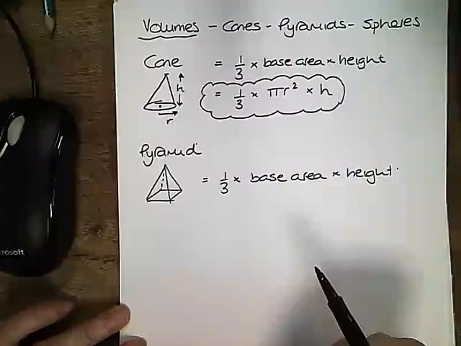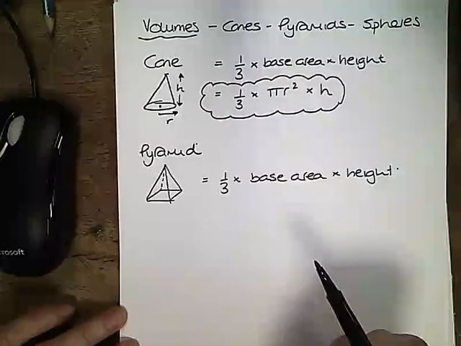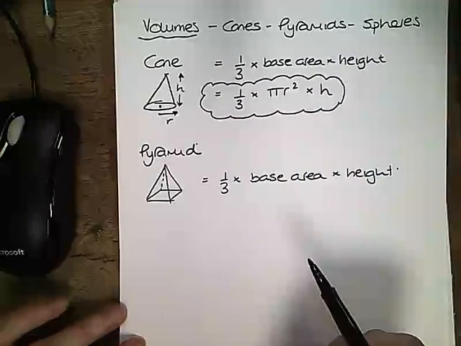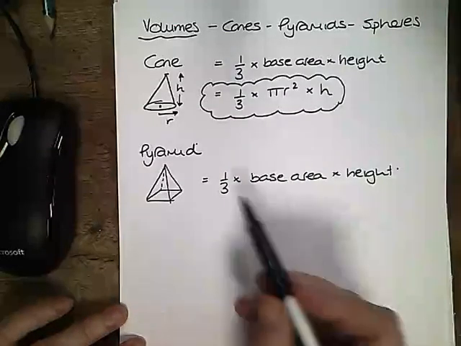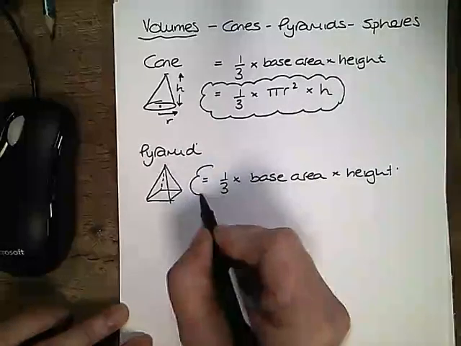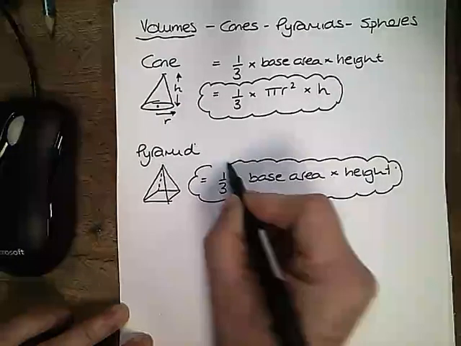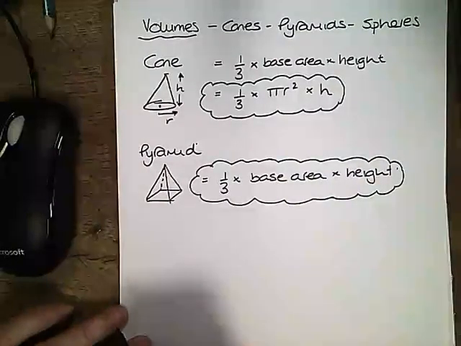If you have something complicated like a pentagon, then they would tell you the area of the base. But if it's a rectangle or a triangle, then you would be expected to work out the base area, and then you need to times it by the height and then times it by 1/3 or divide by 3, which is the same thing. So this is how we find the volume of a pyramid.